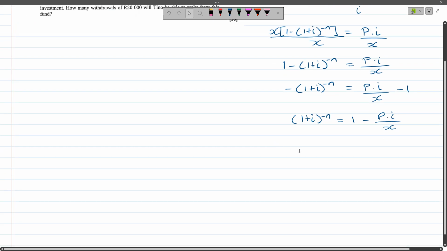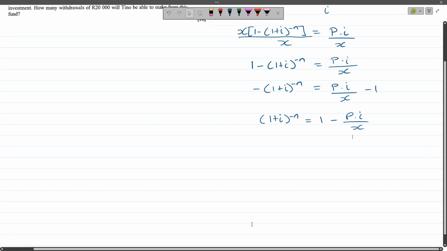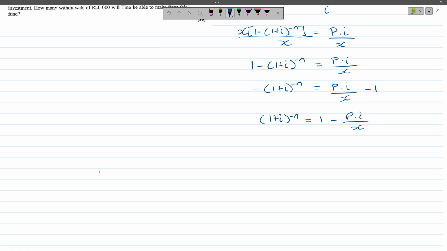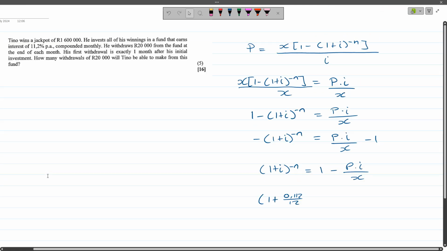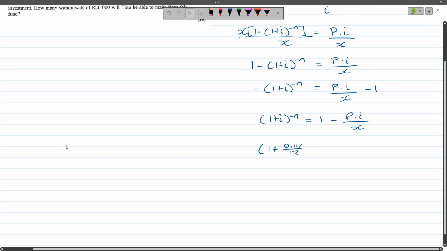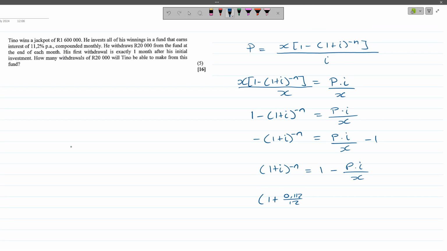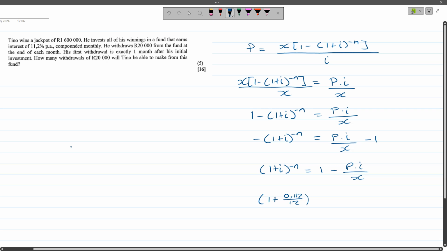Then let's substitute our values. At this point we know that 1 plus i will be 1 plus 0.112 over 12, because the interest, as we are told from the question, is 11.2%. You can write 11.2 over 1200, or you can write 0.112 over 12. It all adds up to the same thing.